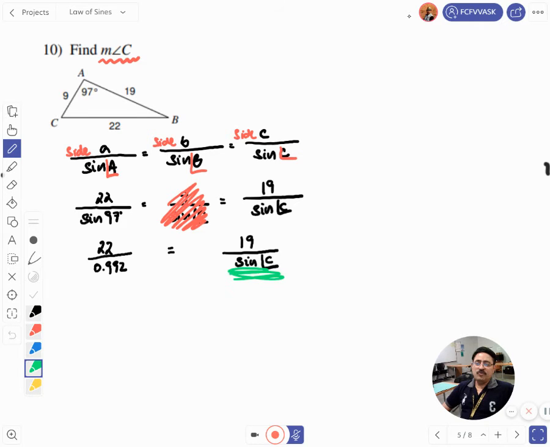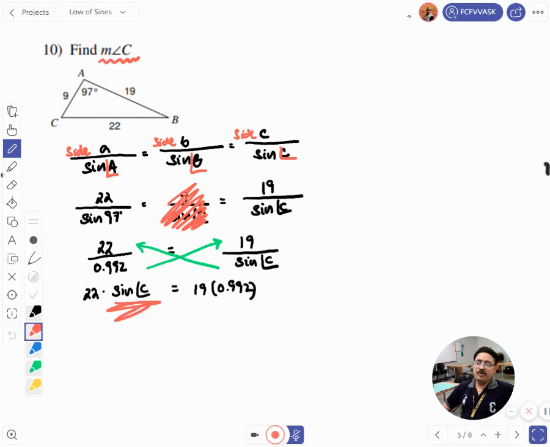Whatever you are asked to find, if it is in the denominator, it's not easy. In such a case, you may go for cross multiplication, which is 22 times sine C equals 19 times 0.992.